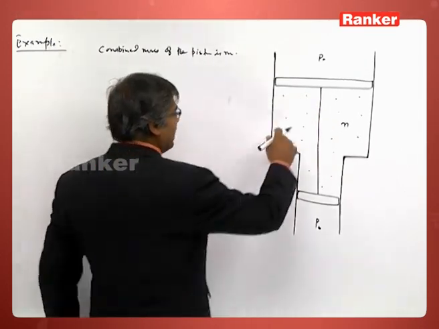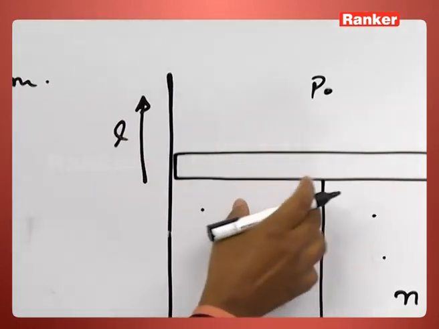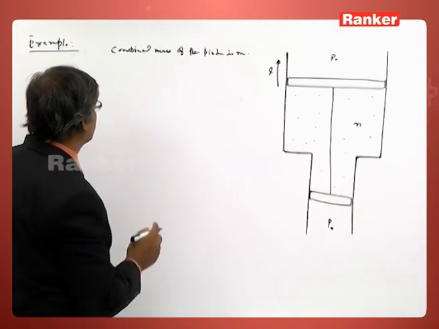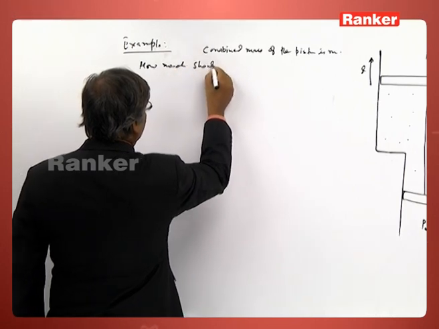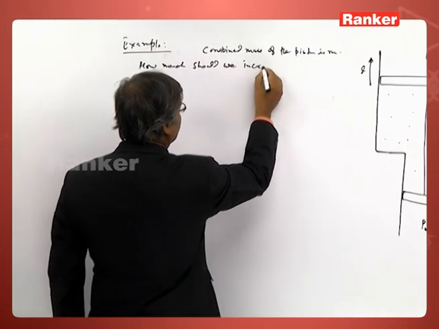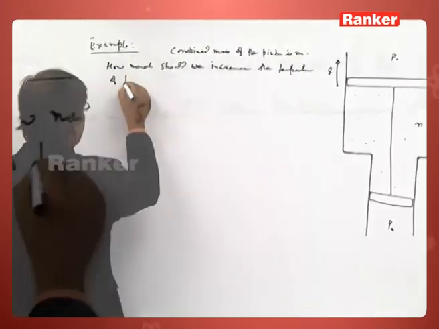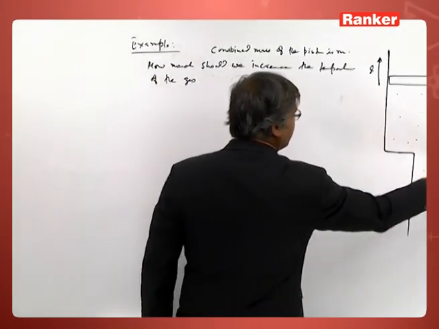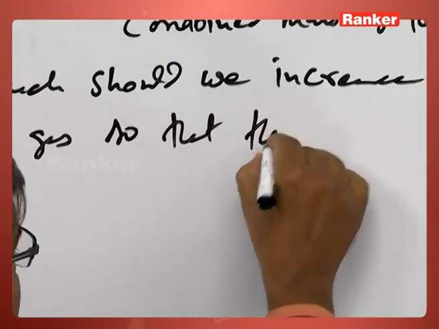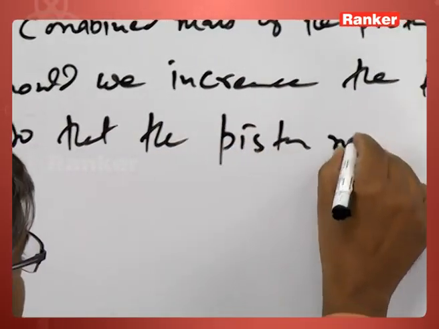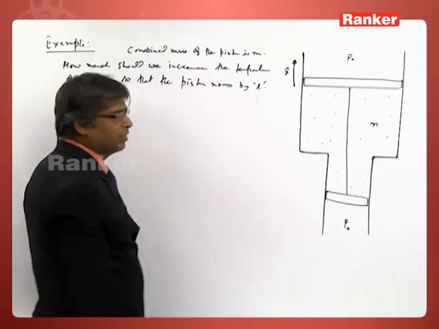By what amount should we increase the temperature of the gas, by heating from outside, so that the piston moves L distance upward? This is what we have to find.